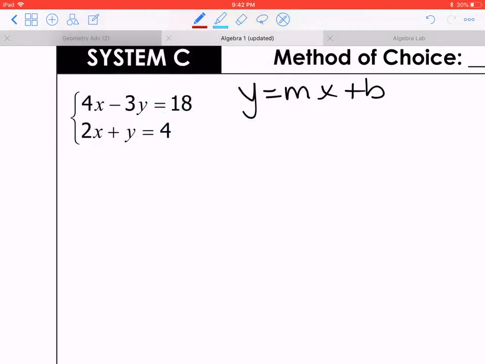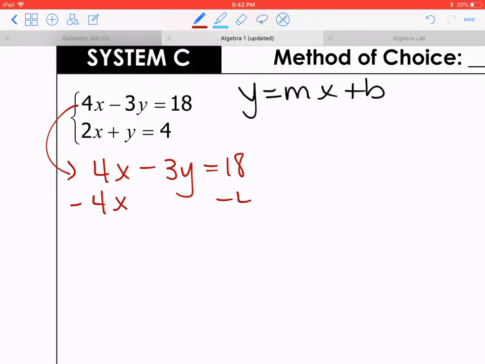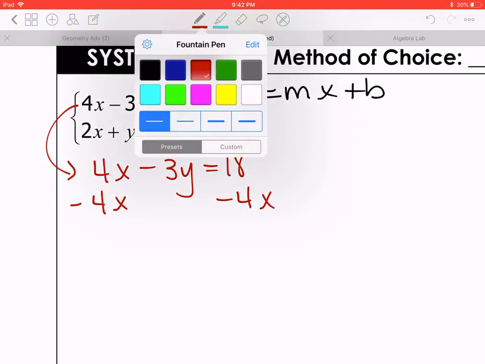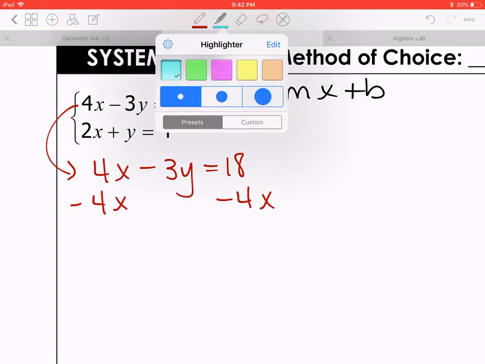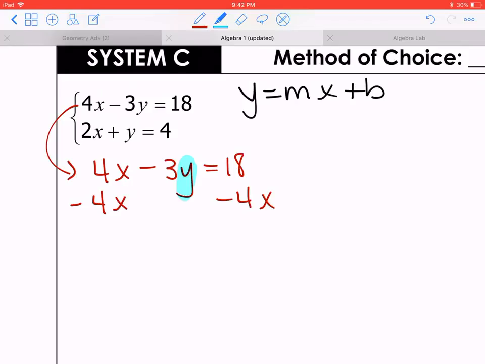Okay? So I'll start with the top one. 4x minus 3y equals 18. Subtract my 4x over, because you're trying to get y by itself. So I subtracted those.